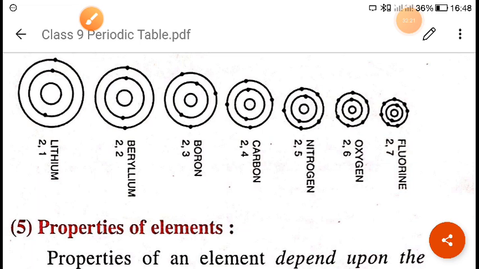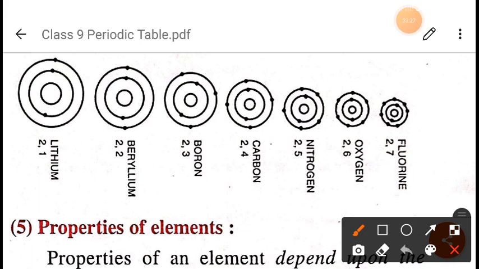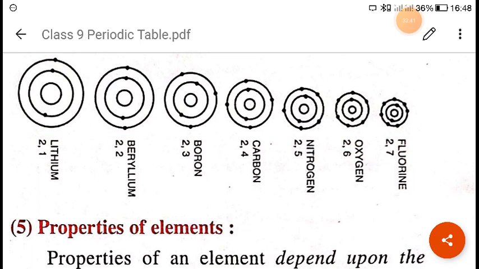So let me explain it in another way. We know that as we are moving from left to right in a period, the number of shells remains the same, but the atomic number is increasing, right? Since the atomic number is increasing, the number of protons and electrons is increasing.